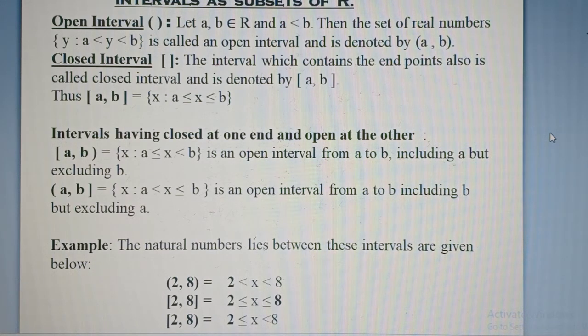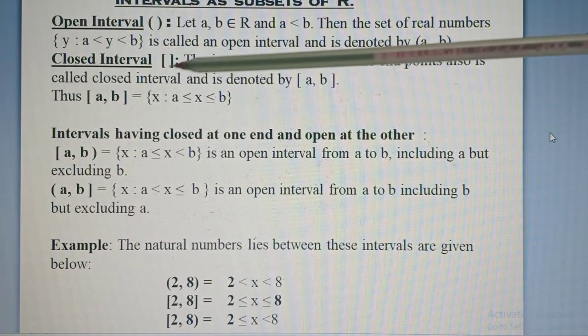Then the set of real numbers y such that a less than y less than b is called an open interval and is denoted by (a, b). So this is how we denote an open interval, where the numbers lie between a and b except a and b.